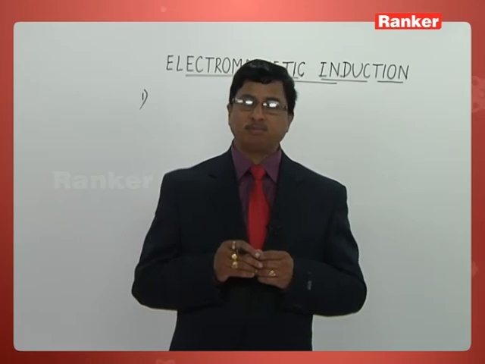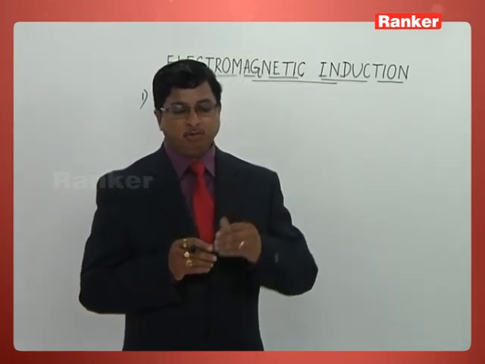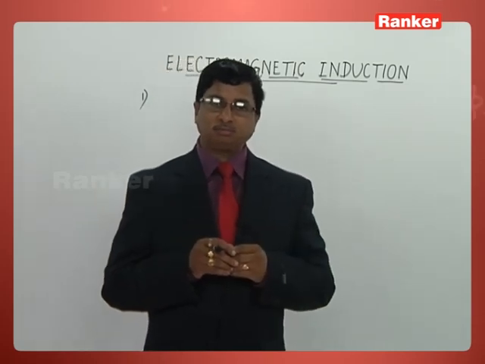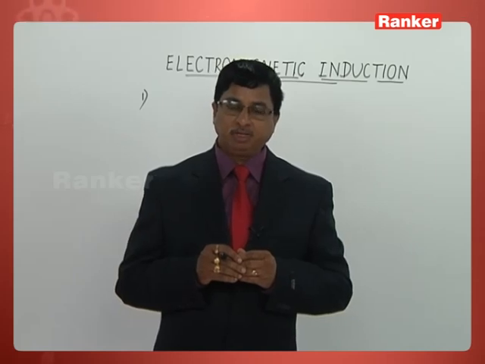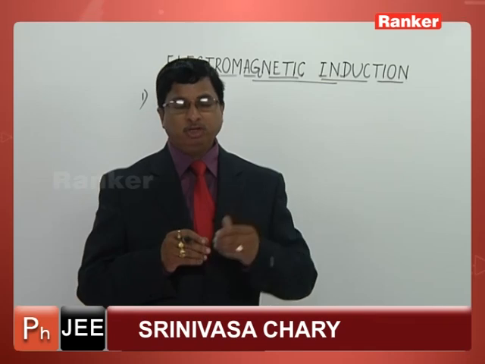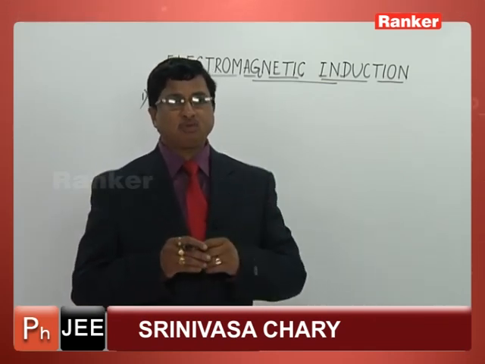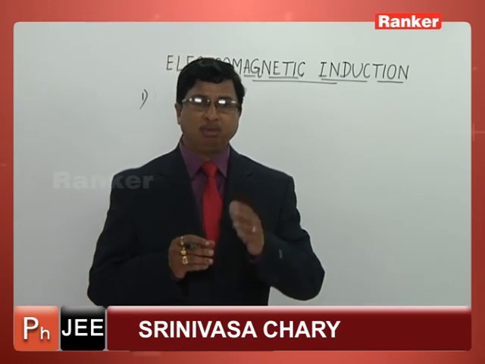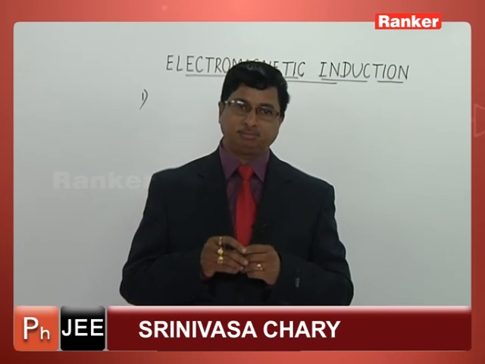That's the basic equation. But according to Lenz's law, when we give direction to the induced EMF, according to the law of conservation of energy, we get a negative sign before it. So E is equal to minus d phi by dt. That is the formula for induced EMF.